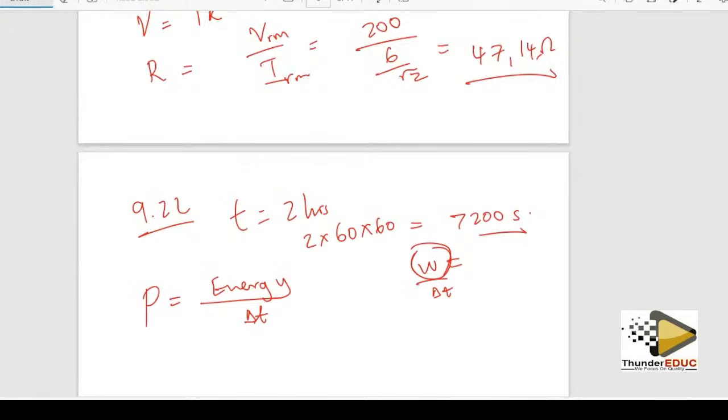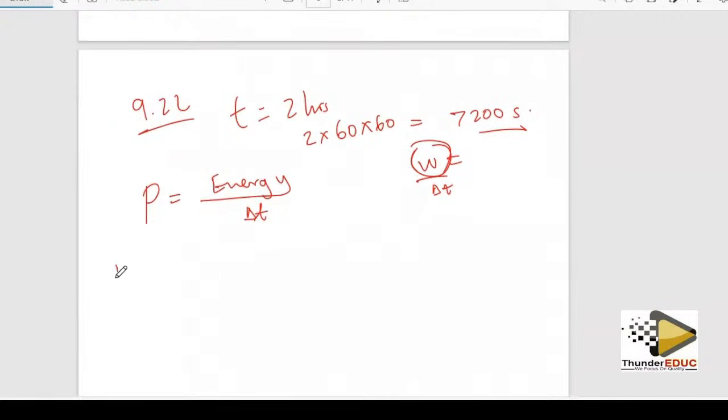So for me to get my energy, I'll get my power times delta T. Since I have my voltage, my current, and my resistance, I can use any of these.